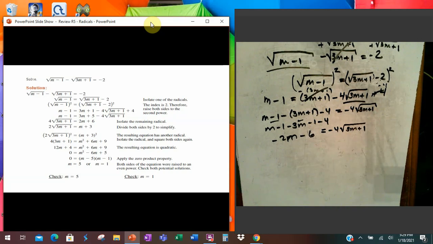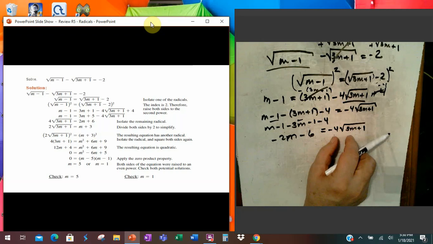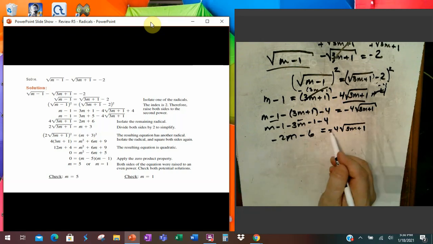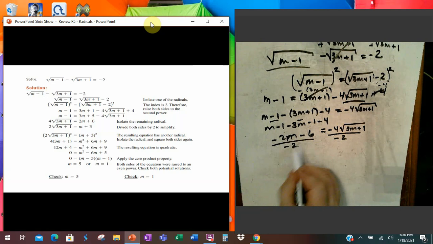Okay. Now see that I can kind of, let's do this. This is going to save us a step now. Sometimes I would just divide both sides by the negative 4, all of this, and then square. But I'm going to leave this like it is, but I'm going to take out a negative 2. I'm going to divide both sides by negative 2 to kind of simplify things. This would be m plus 3.